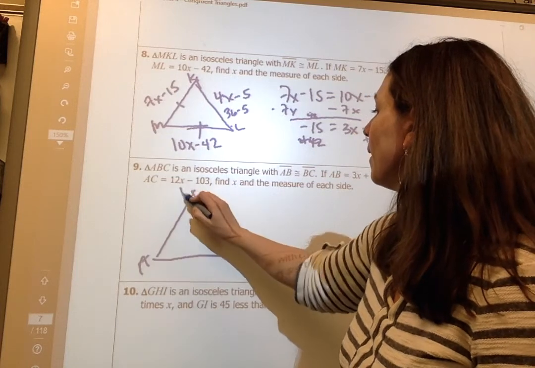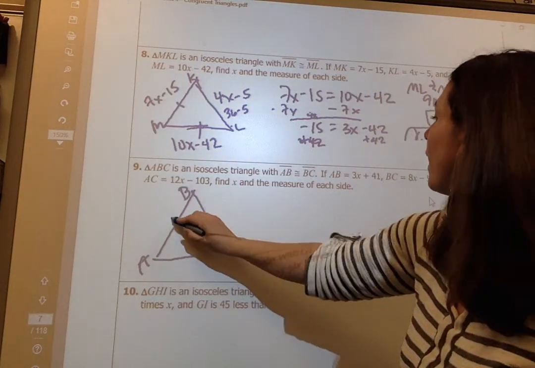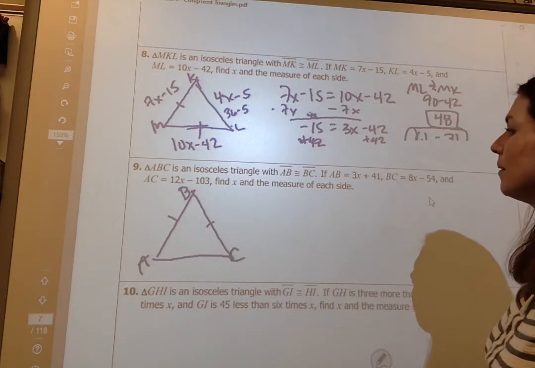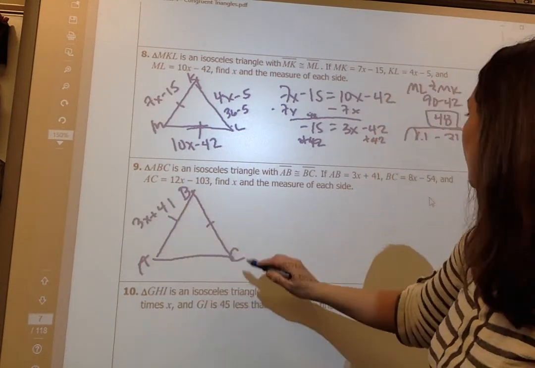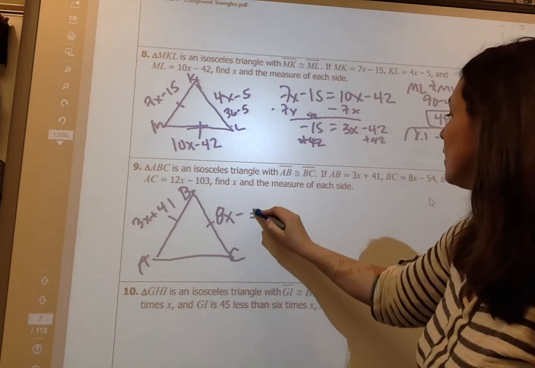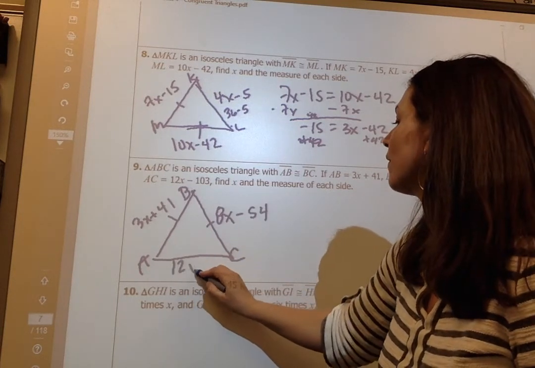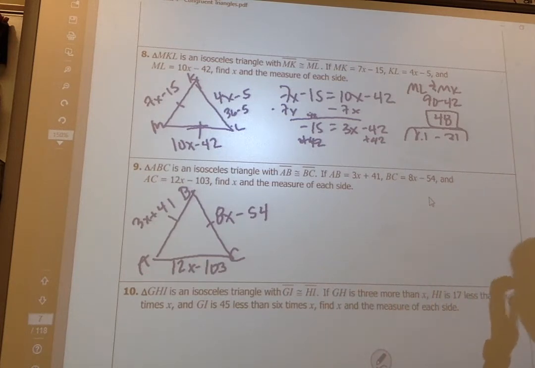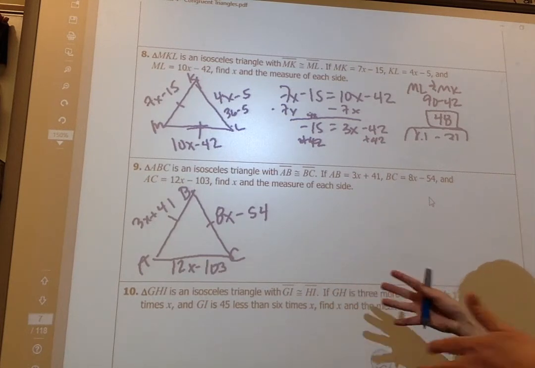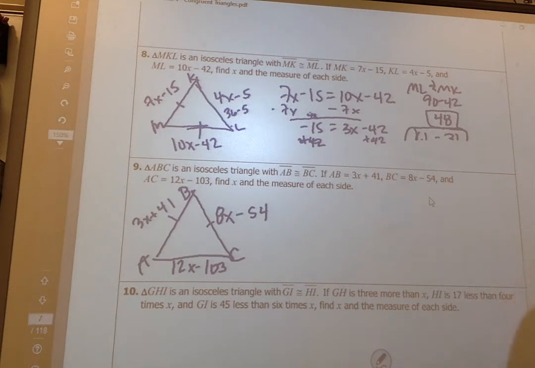All right, let's do number 9. ABC is an isosceles triangle with AB being congruent to BC. If AB is 3x plus 41 and BC is 8x minus 54 and AC is 12x minus 103, find x and the measure of each side. All right, so go ahead and pause that, see what you get, and when you jump back in, I'm just going to tell you the answers.